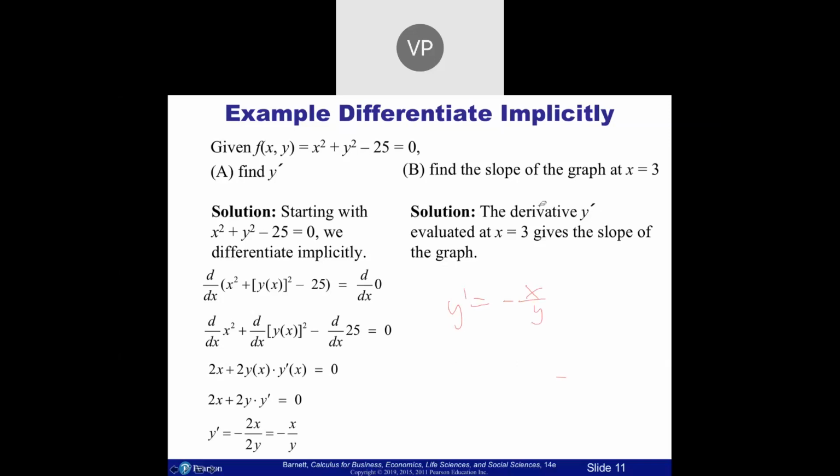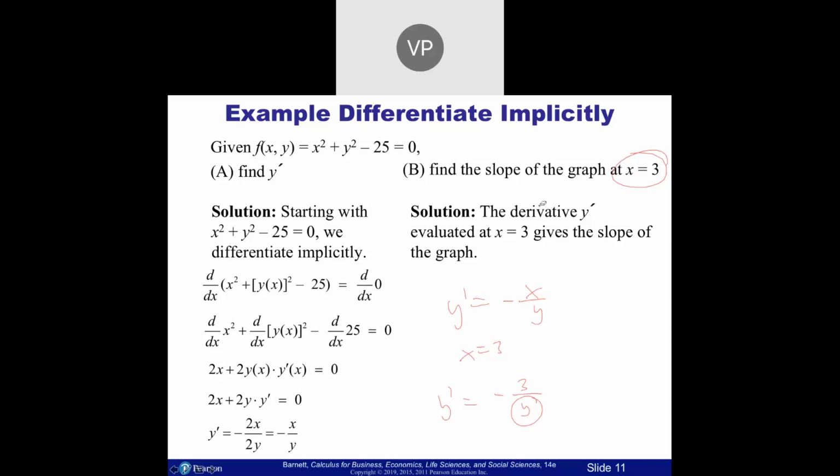Now normally if I want to find the value of the slope at a given x, I just plug in that x equals 3 and I would get a slope. But see, the problem is we've got this y down here. It doesn't give me a number, like 3/2 or 3/5 or 3. I've got a mystery number.